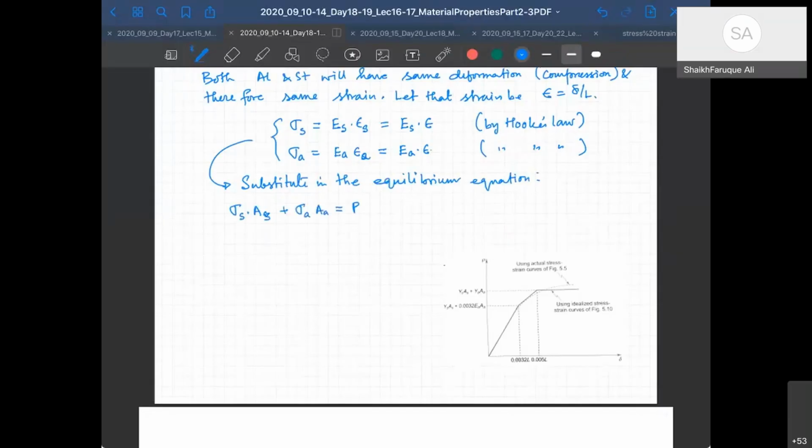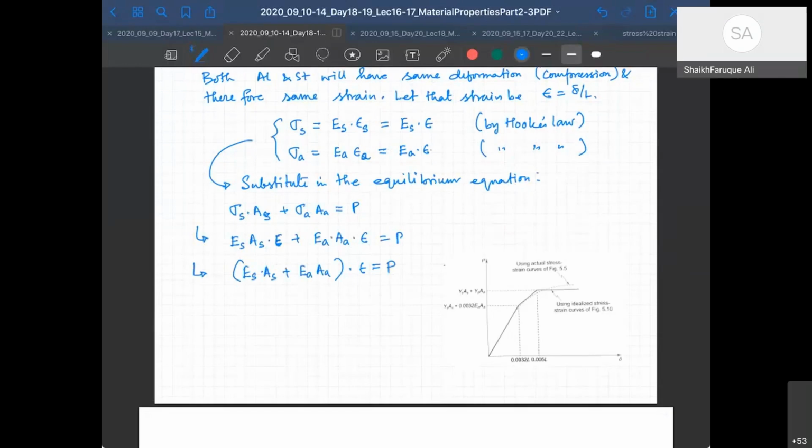So I can write that now as Es into As into epsilon plus Ea into Aa into epsilon, right? Is equal to P. This epsilon is strain, and that can be written as Es As plus Ea Aa, into epsilon equal to P. Now epsilon is what?